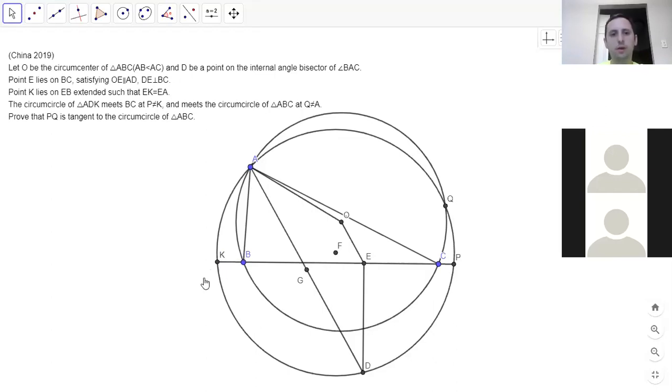Or we can write AKE in terms of AEB. So yeah, it is because EK is equal to EA, or AK. I'm sorry, AKE is KAE.